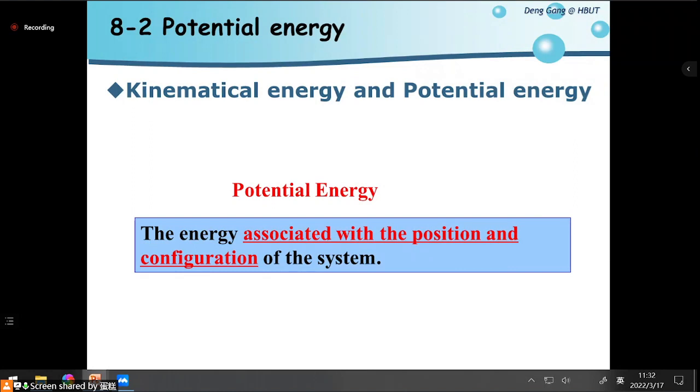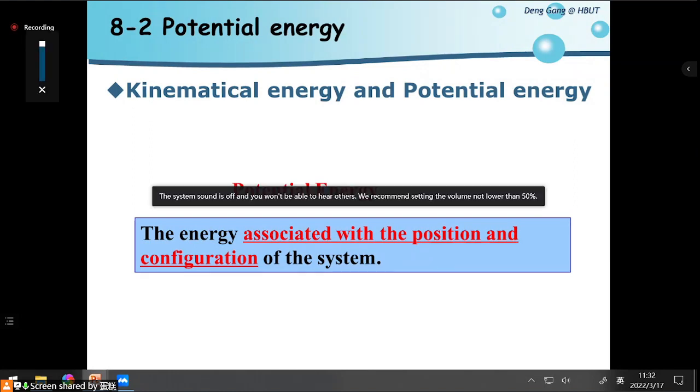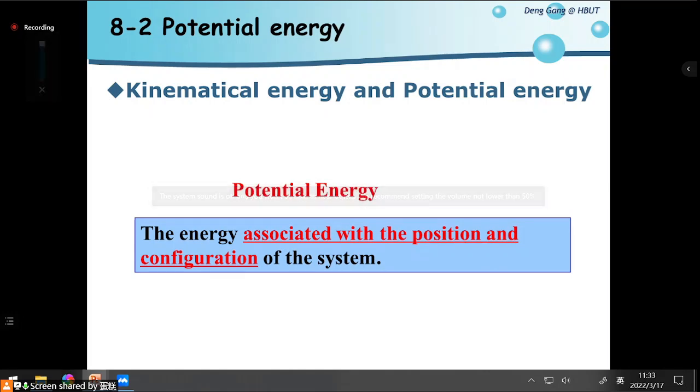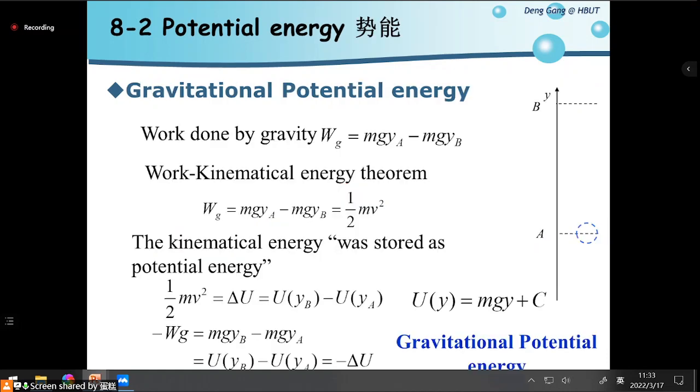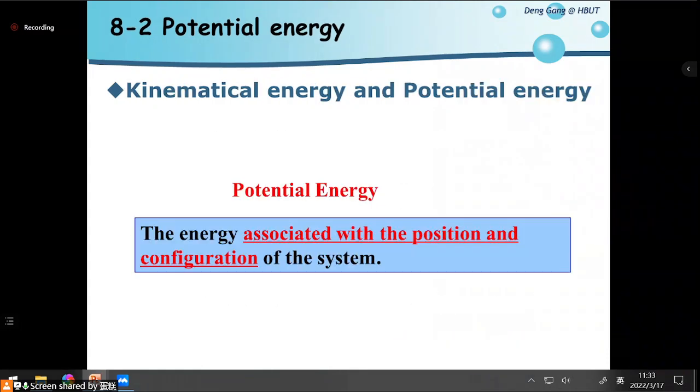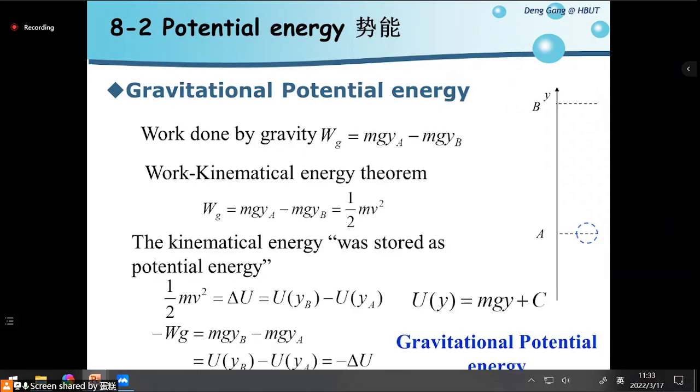Potential energy is the energy associated with the position and configuration of the system. So it's different from kinetic energy. When I move it from A to B, I increase its potential energy.